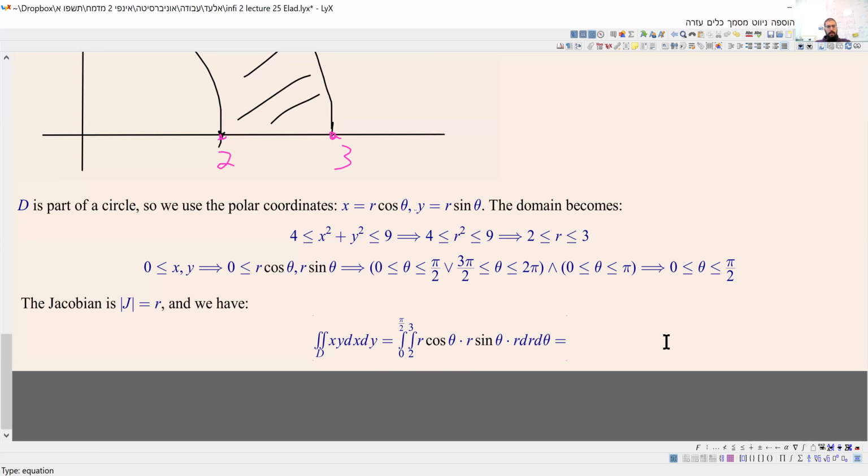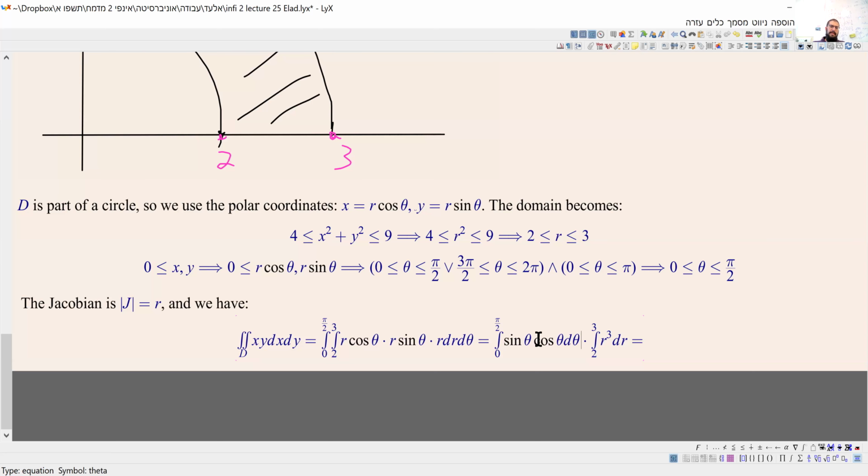Okay, so now we have the situation we mentioned before when we took some notes. The function is separable, so we can write it as the integral of the theta function, which is sine cosine, multiplied by the integral of the r function, which is r cubed dr. Now, the left integral is not immediate, but we know how to calculate it.